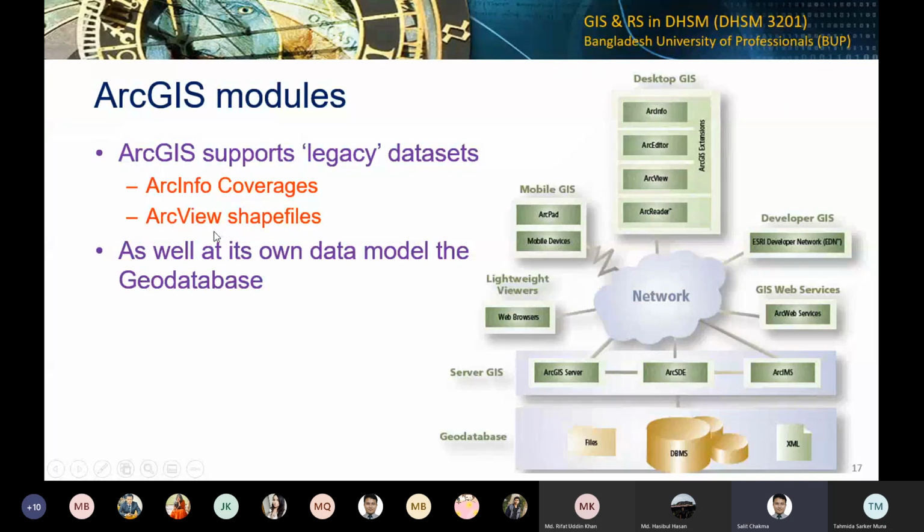So the shapefile is not topology based, and that's why it does not store relationships anymore. Instead it stores coordinates. So from ArcView, we started using shapefiles. Even today, we use shapefiles, and they do not store relationships between different entities or different features. Instead, they store the coordinates of the points.